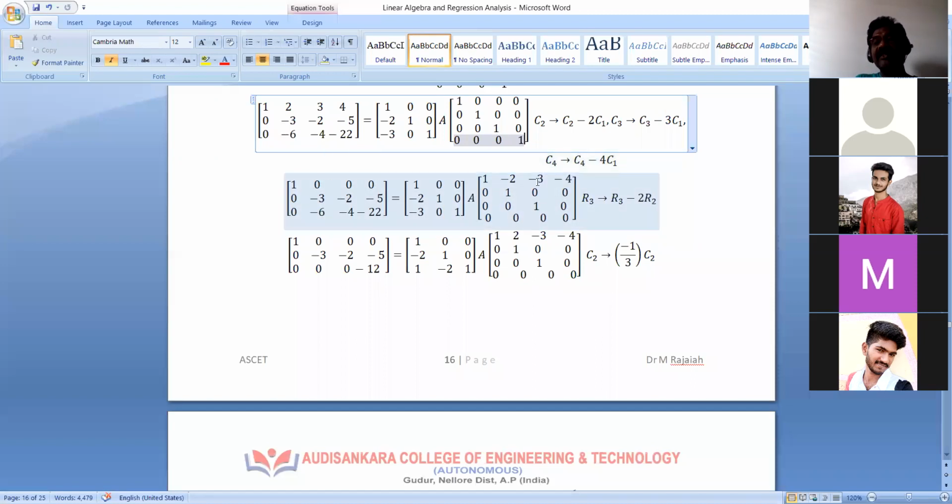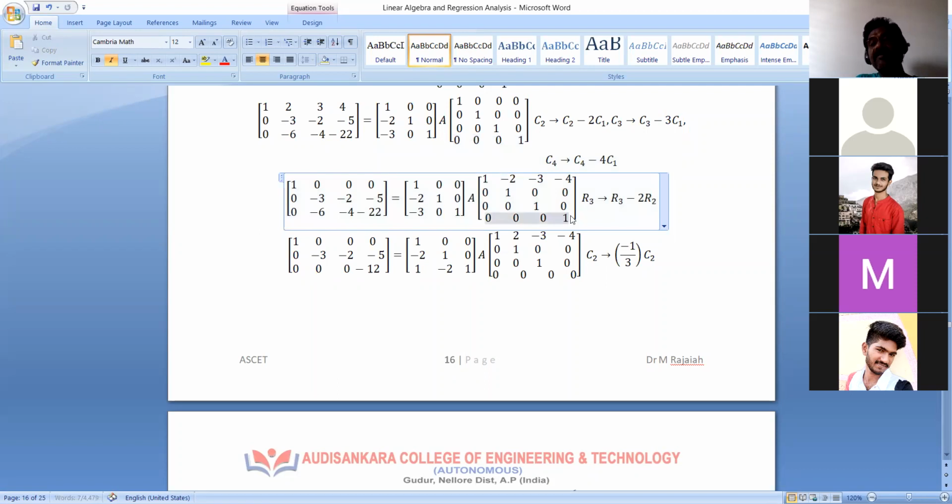In place of C3, C3 minus 3C1, that means 0 minus 3 into 1, minus 3, 0 1 0. Next, in the same way, in place of C4, C4 minus 4C1, that is minus 4, 0 0 1.